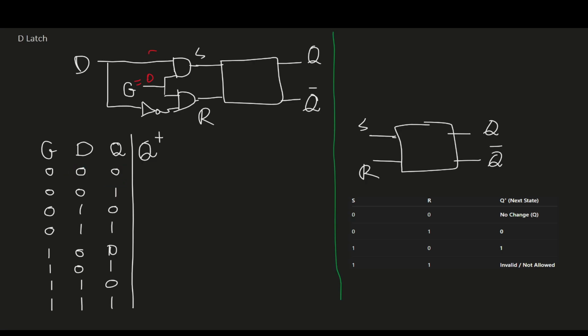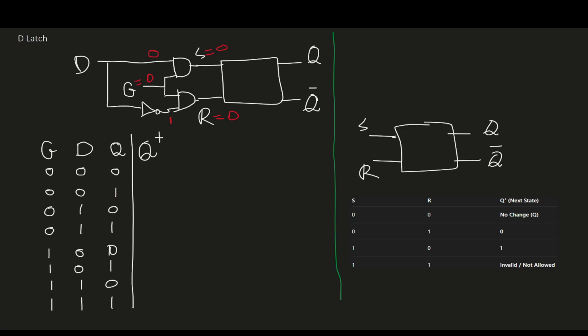At the bottom here we have an inverter, so because D is 0, it will invert the 0 and output 1. Now for the top AND gate, 0 and 0, the output will be 0. The bottom AND gate, we have 0 and 1, so the output will be 0 as well, because the AND gate will output 1 only if both inputs are 1.